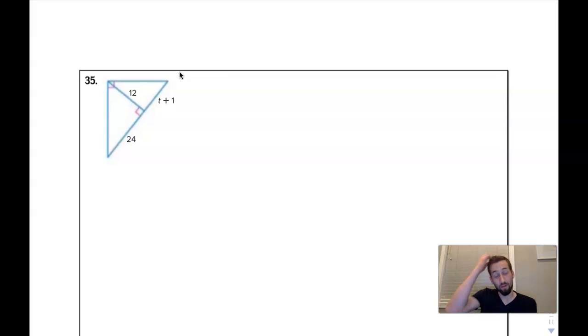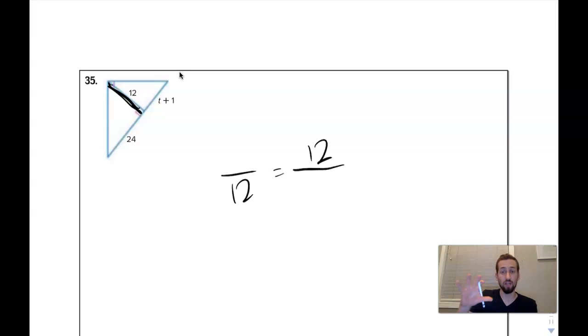All right. This one, again, don't let the t plus 1 throw you off. But this is the very first theorem we went through, the geometric mean. If I'm not using the little table or chart that I've used, if that's too confusing, you just have to know how to set each one of them up between 24 and t plus 1.